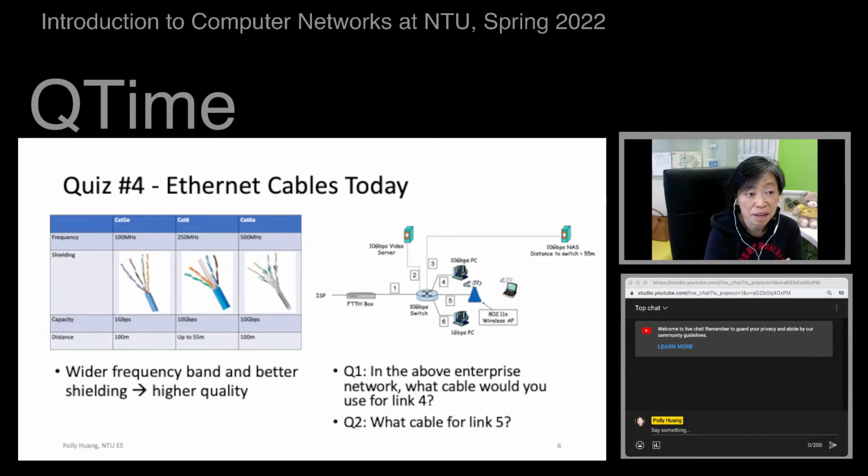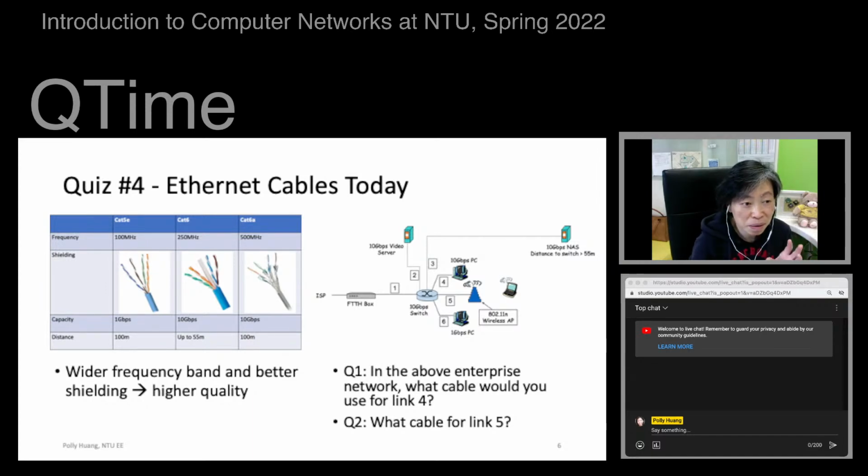So category 5, category 6, category 6A. And these cables can differ in the frequency band they use to modulate signal. They can also differ in how they are packaged: the shielding around the copper wire, and how the groups of copper wires are arranged or separated.